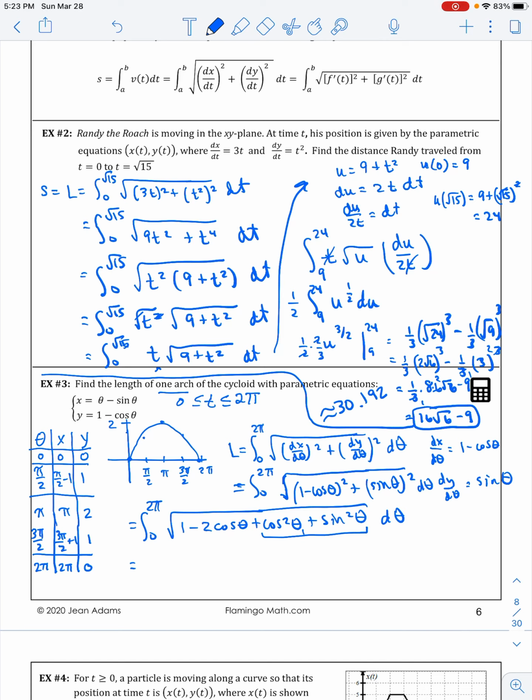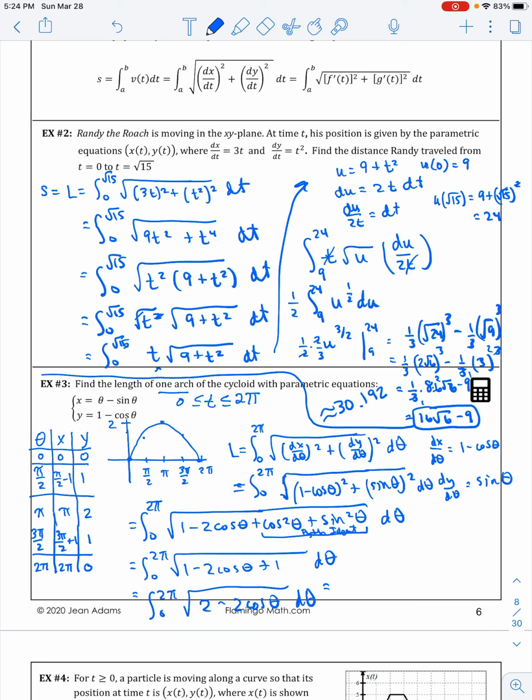And notice that cosine squared theta plus sine squared theta is 1. That's your Pythagorean identity. So this becomes the integral from 0 to 2 pi, square root of 1 minus 2 cosine theta plus 1 d theta. So I've got a positive 1 and a positive 1. Integral 0 to 2 pi, square root of 2 minus 2 cosine theta d theta.